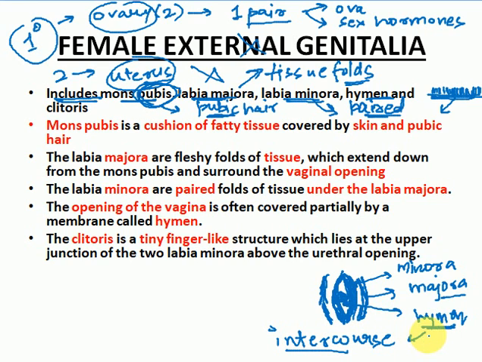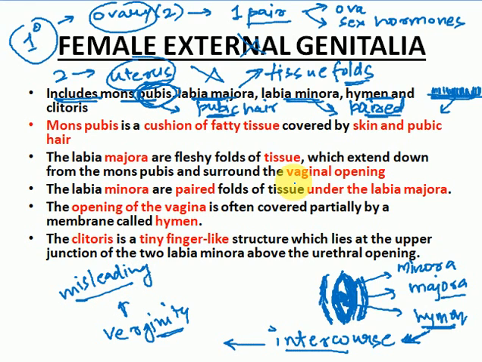So this hymen used to break, so it is considered an indicator of virginity. The hymen is considered an indicator of virginity, which is misleading. Why is it misleading? We are going to deal with that. We will talk about it. For now, I am just giving a general account.